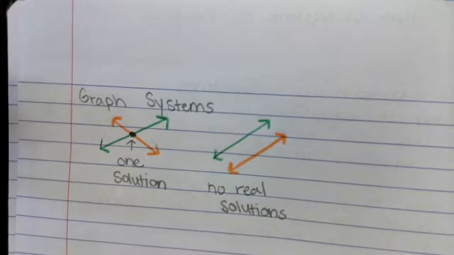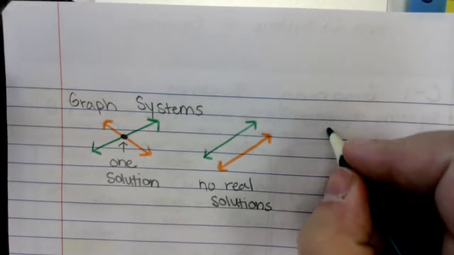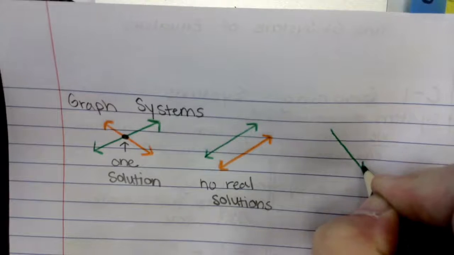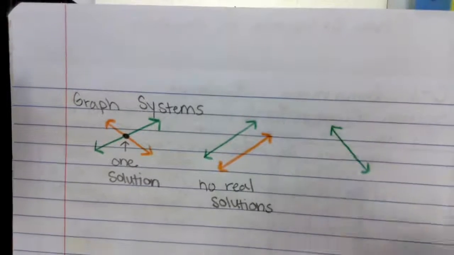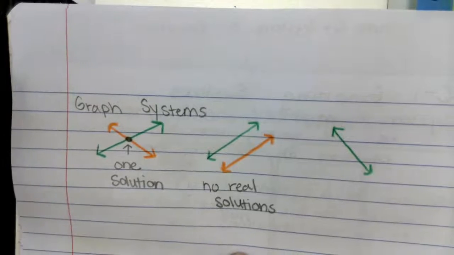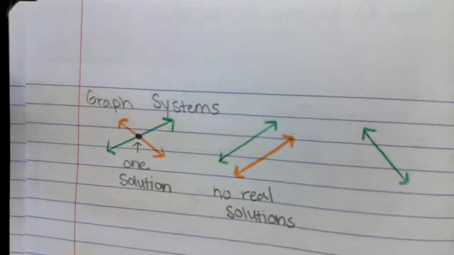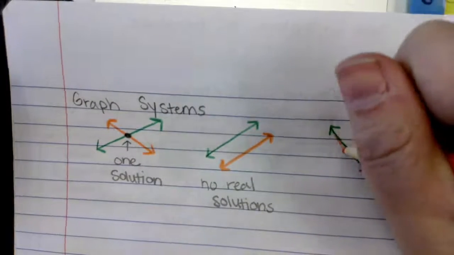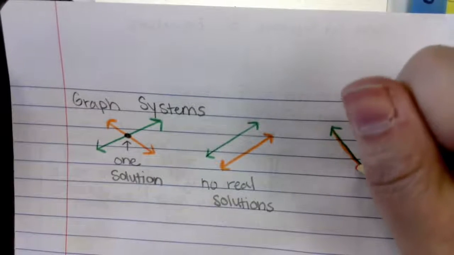All right, now there is one other situation that can happen. If I have a line, and rather than just sharing 1 point or sharing no points, they share all the points. Those lines are actually right on top of each other.